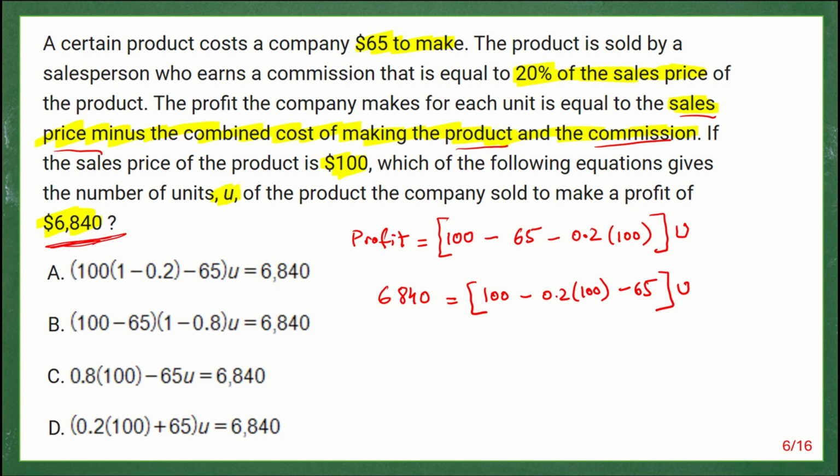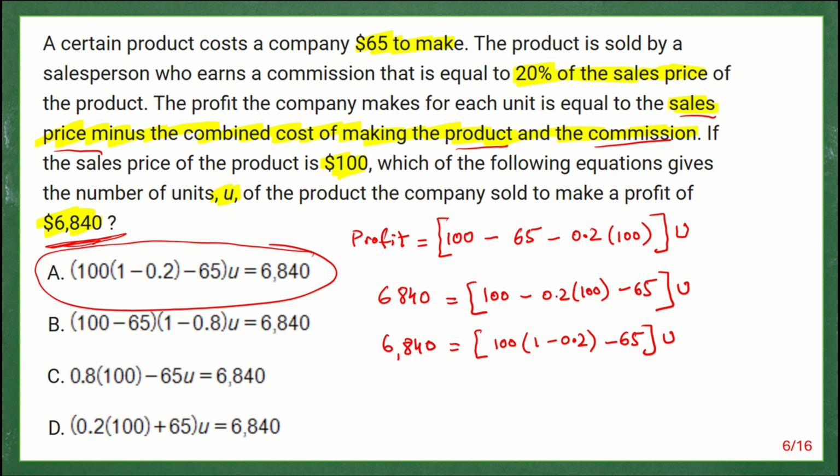Now looking at our options, I can rearrange this thing in a bit. So let's make it, I have (100 times (1 minus 0.2) minus 65) times u, and 6840. And if you look, option A matches our equation here.